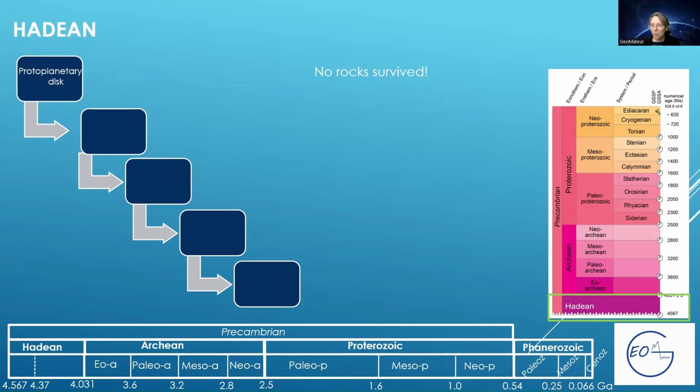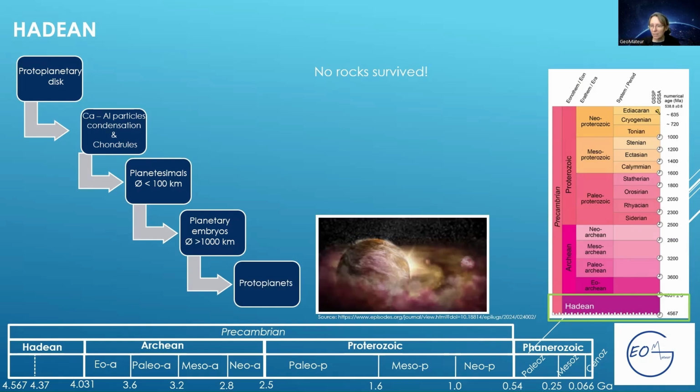First, calcium and aluminum particles, condensates, and chondrules appeared. Next, they accreted into planetesimals and planetary embryos, and finally protoplanets. But some of them are still in space, and sometimes they hit our planet.